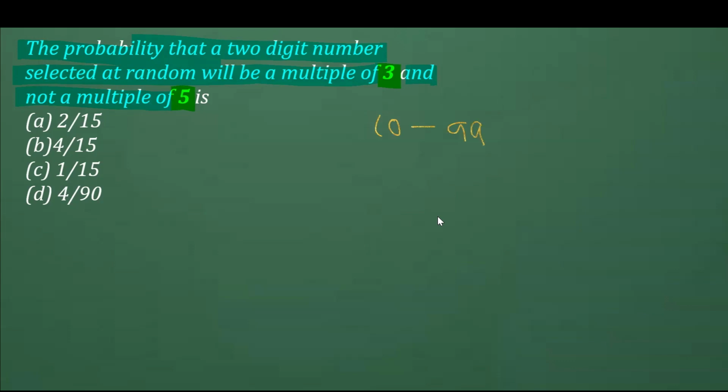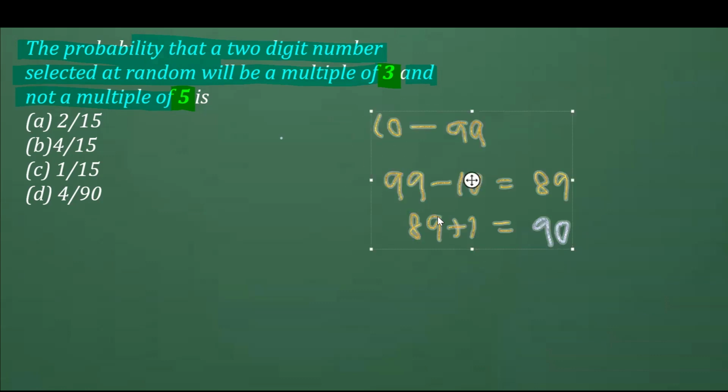To find out how many 2-digit numbers there are, it should be 99 minus 10, that is 89. But since both are included, we should add 1 to this. So one more time, first you get the difference and then add 1 when both of them are included. So we get that there are altogether 90 observations, the total observations.